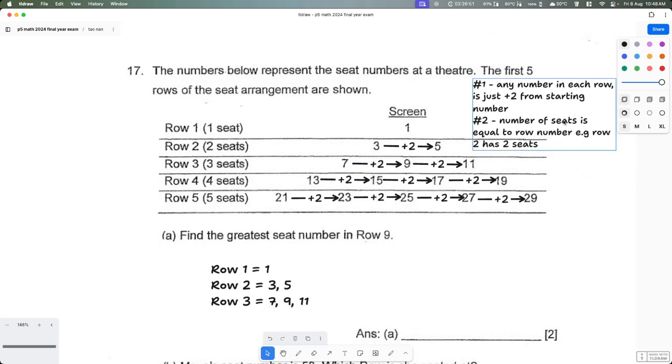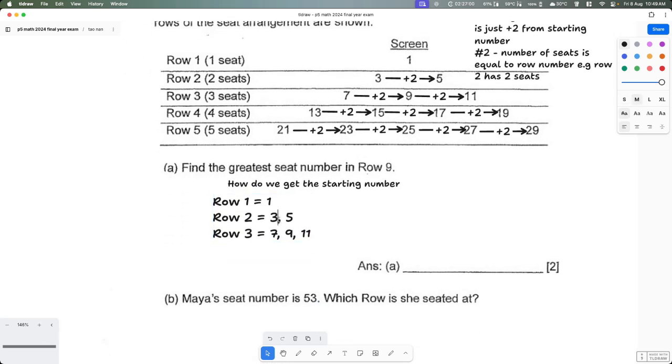Now how do we get the starting number? Let's care about the starting number first, because we don't really need to care about the plus 2. If you have already done this kind of pattern question, then it's okay. Row 3 is 7, and row 4 is 13, right?